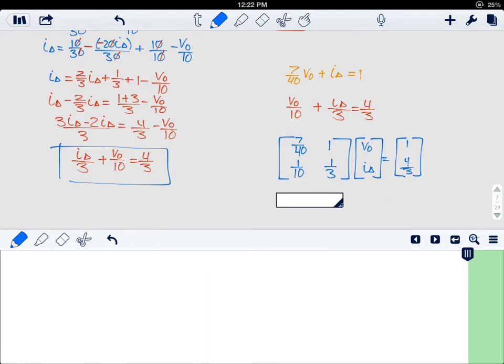Now we have a matrix, a 2 by 2 linear equation. So we could just use our calculator. We have 7 over 40 plus 1 equals 1, and 1 over 10 plus 1/3 equals 4/3.